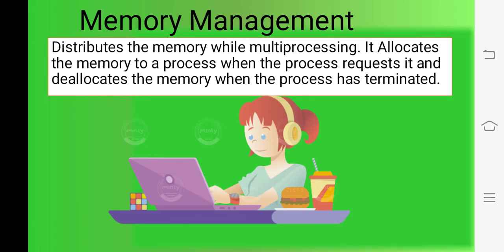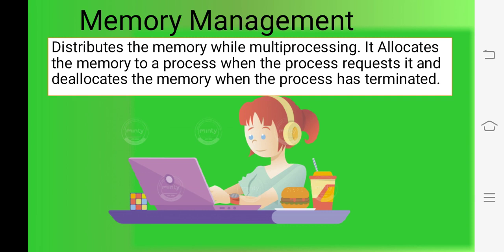Suppose, children, that while using the computer we are listening to music, and we are downloading some application software. At the same time we are using Microsoft Word. It means we are doing more than one task at a time.